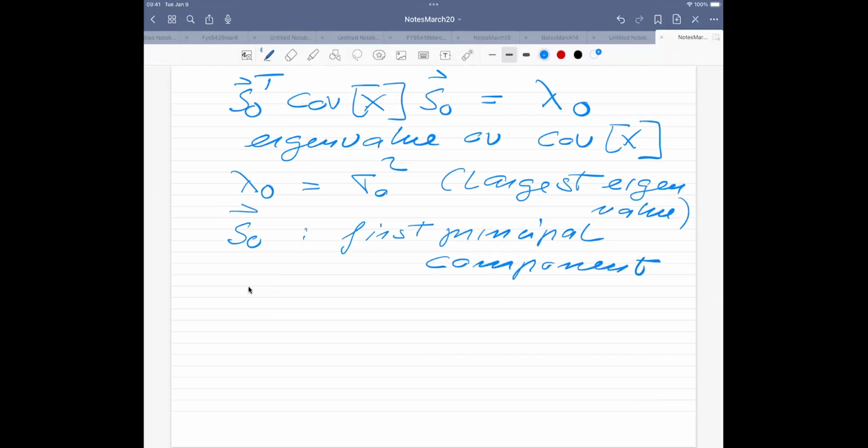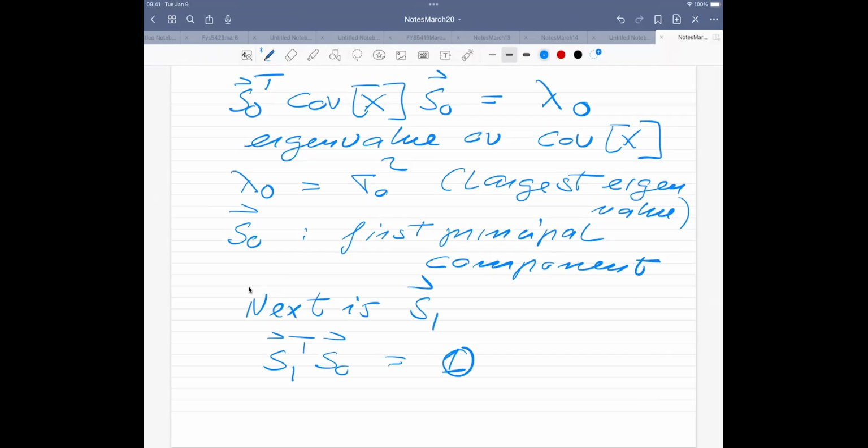Then I can use this Lagrangian formalism to construct the next eigenvector. So what I could say now is that the next one is S1. And what I want then is S1 to be orthogonal with S0. So this is a constraint which I'm putting in here. Then I can define a new Lagrangian.